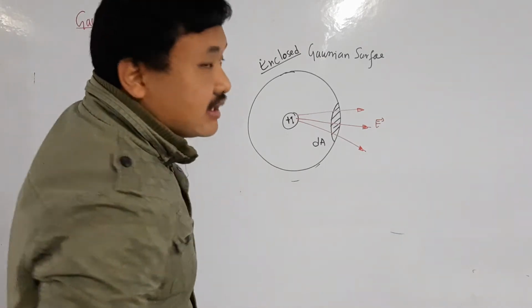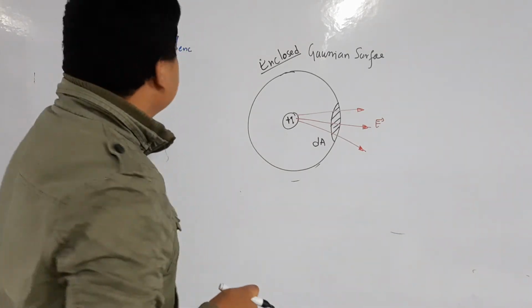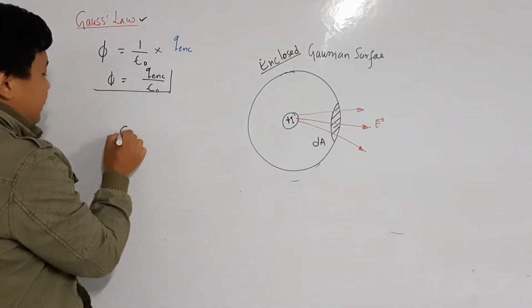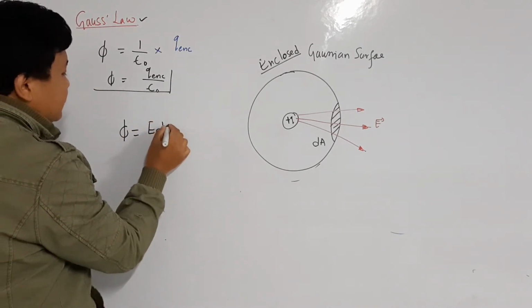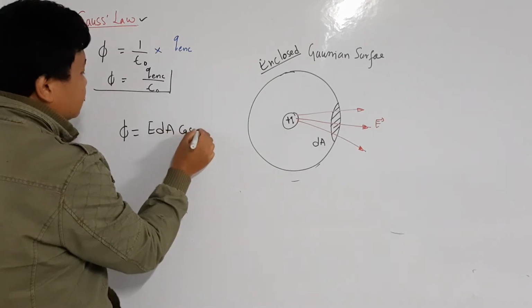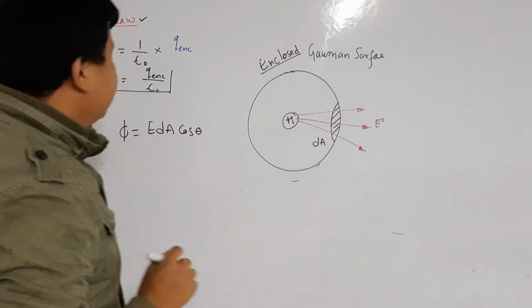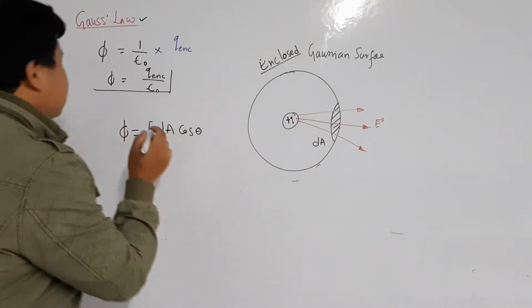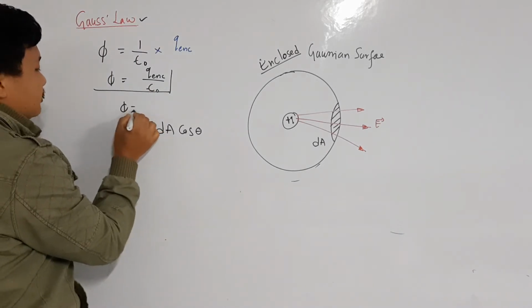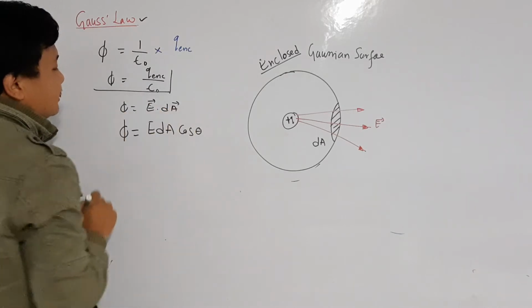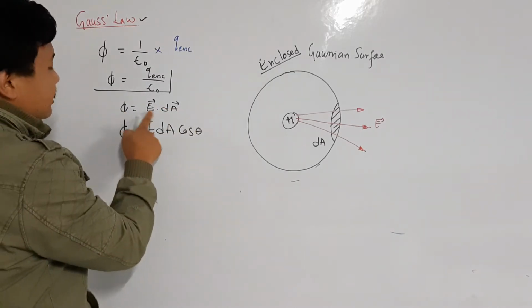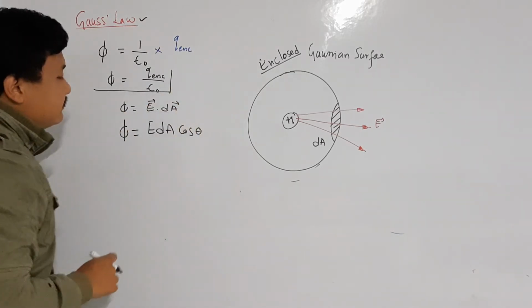Now from the previous lecture on electric flux, we have also calculated phi is equal to E dot dA, and the dot product is E dA cos theta.